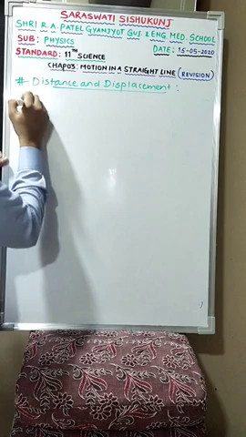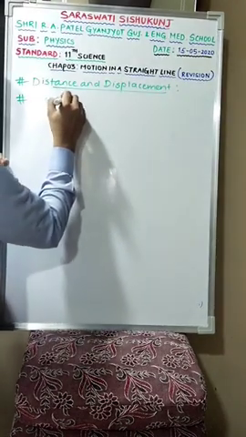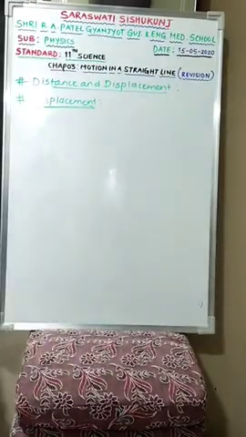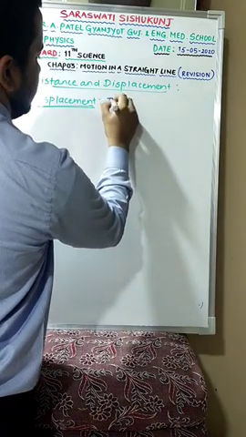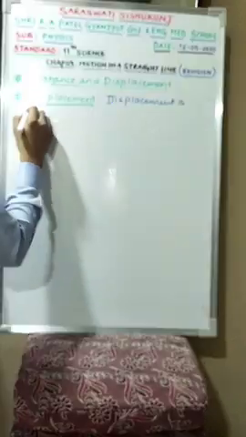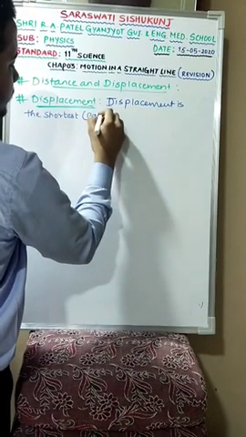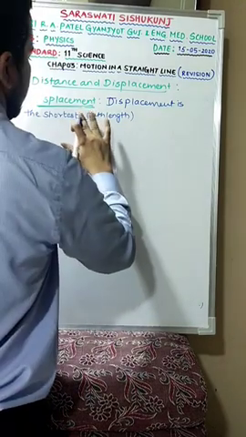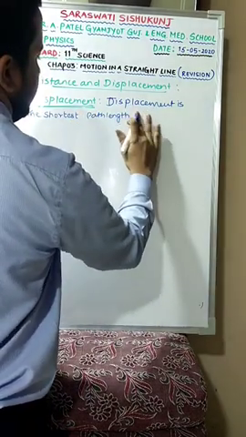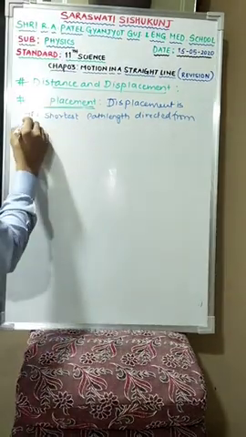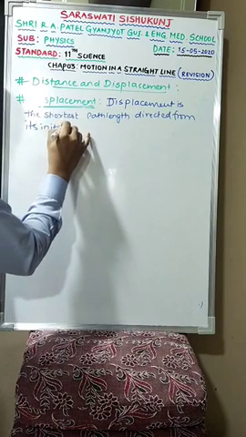The second term we do have with us is displacement. Displacement is nothing but the shortest path length directed from its initial position to final position.